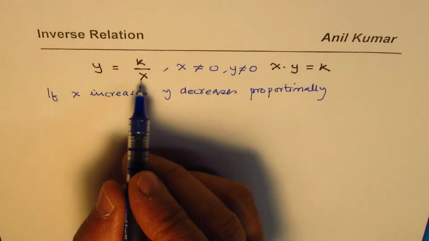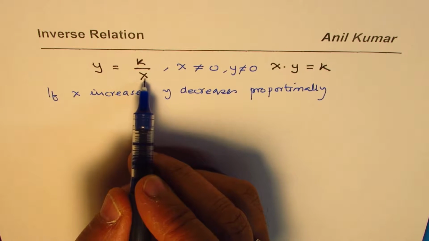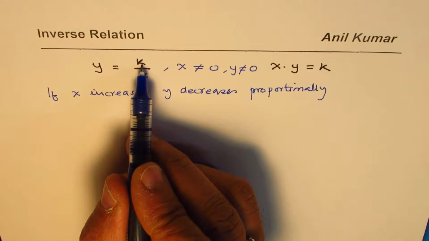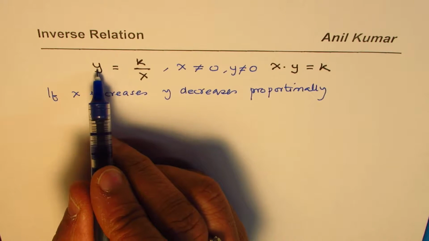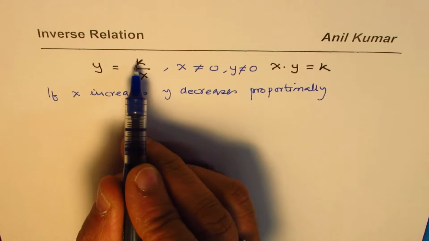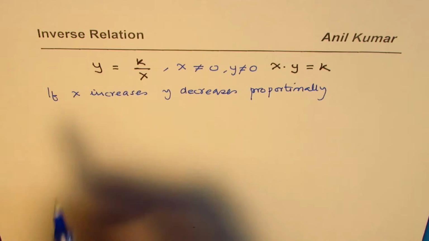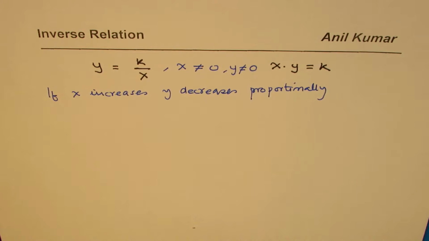So it really means that if I increase the value of x, let's say x is 1, and the constant is 1, for example, in that case y will be 1. But if x becomes 10, then y becomes 1/10. It decreases. So as you increase the value of x, the y value decreases, right?